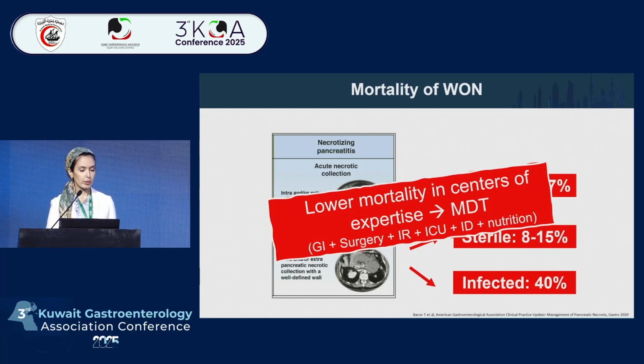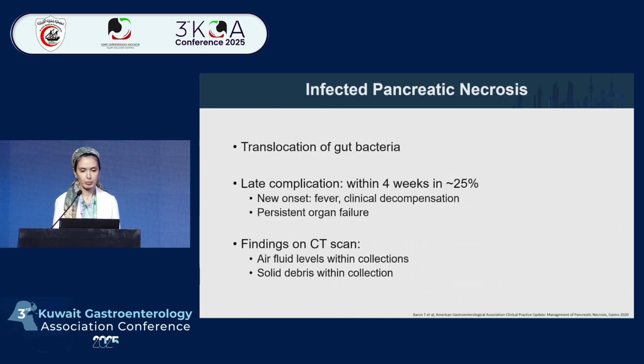However, multiple studies have shown that mortality is lower in centers of expertise because management of these complex and very sick patients requires a multidisciplinary team. So we need GIs, both general and advanced endoscopists. We need surgeons on board, interventional radiology, ICU, infectious disease, and nutrition to help manage these patients altogether.